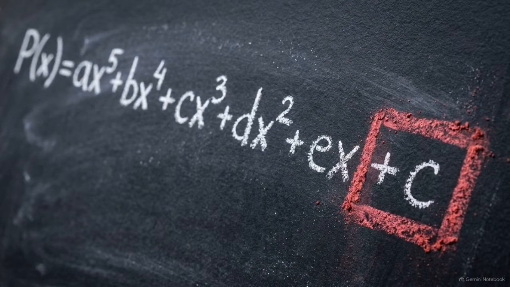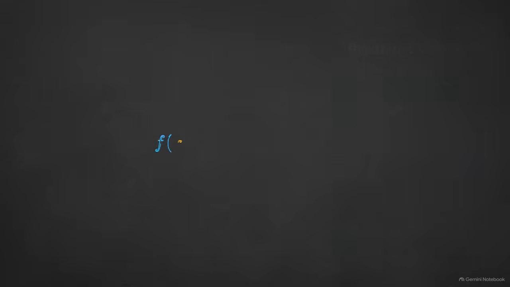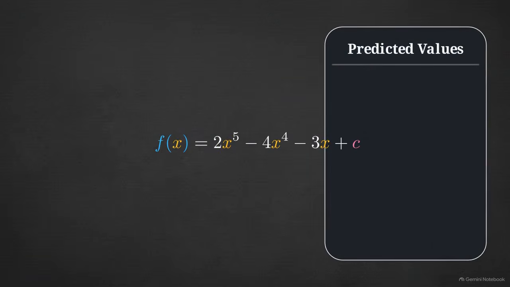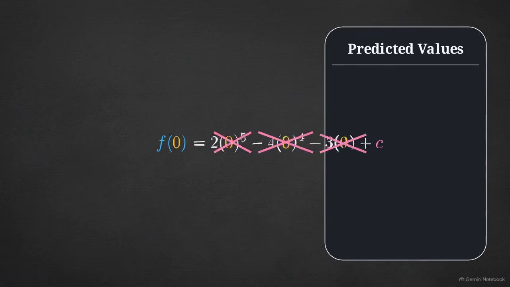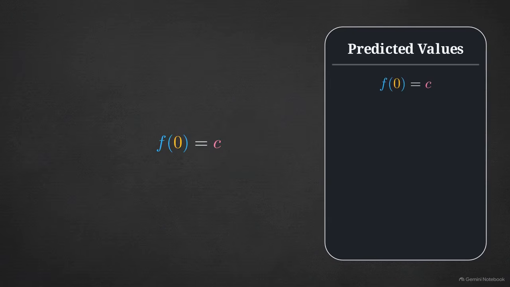We can apply that exact logic to our central challenge, locking in parameter c for our fifth-degree model. To do this, we force our theoretical equation to interact with our rigid, real-world data points, 0, 1, 2, and 3. Evaluating the function at x equals 0 instantly zeroes out the large exponents, leaving us with exactly c. At x equals 1, the arithmetic quickly simplifies to c minus 5.